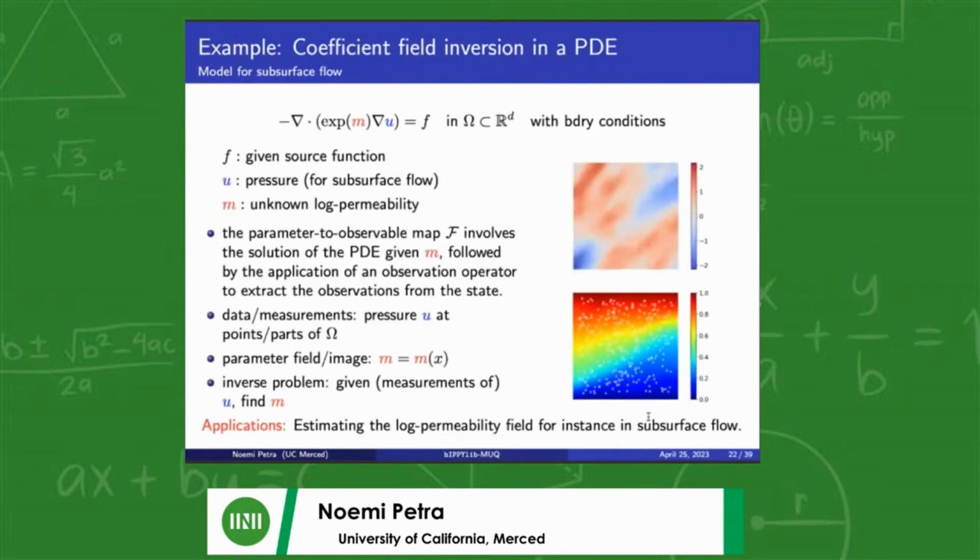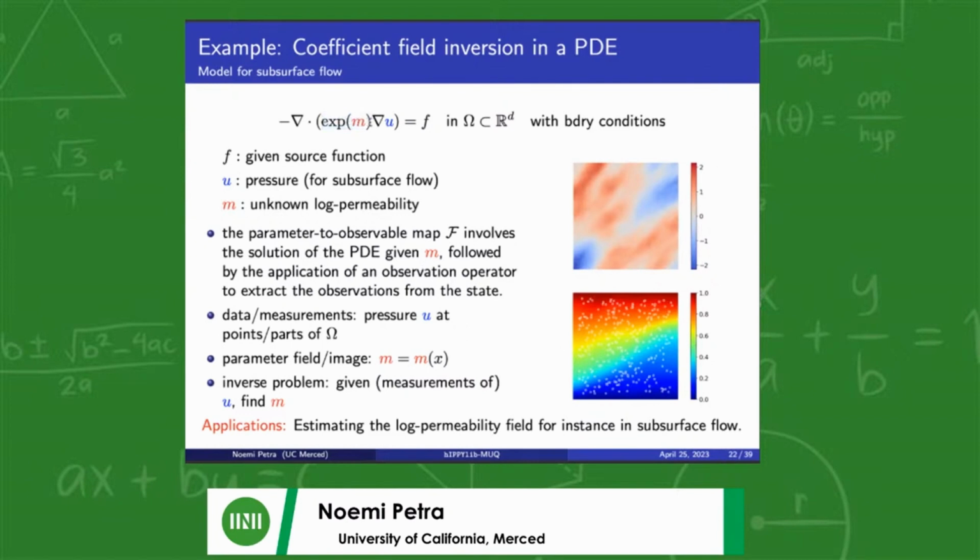Okay, so let's look at an example. This is one of the examples we have; it's really the prototype example that we are working on. Typically, it's just an elliptic PDE where the uncertainty is in the coefficient. Basically, we have this exponential of m.